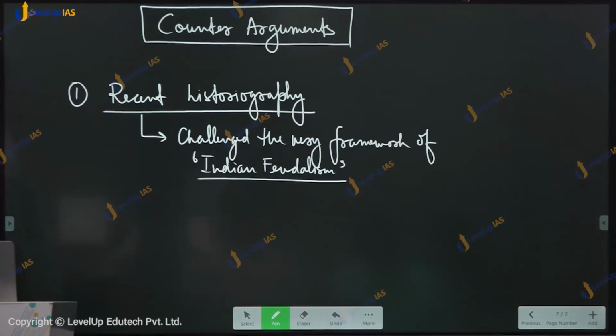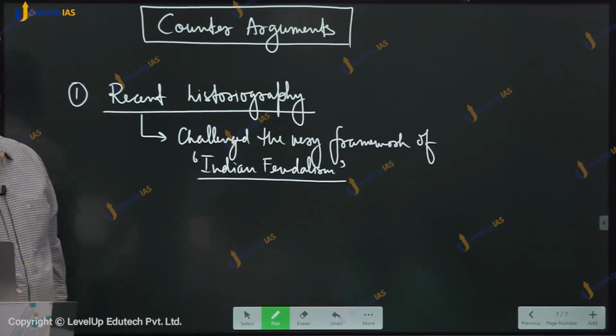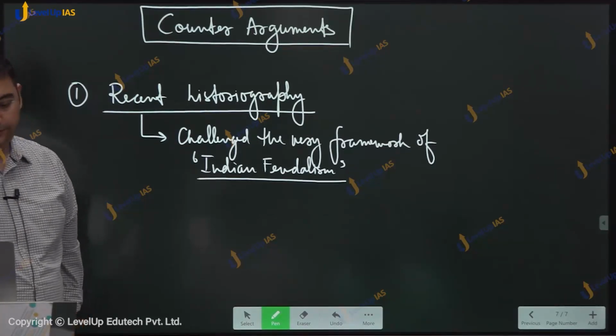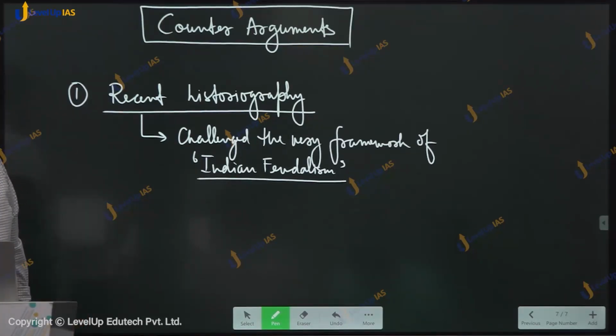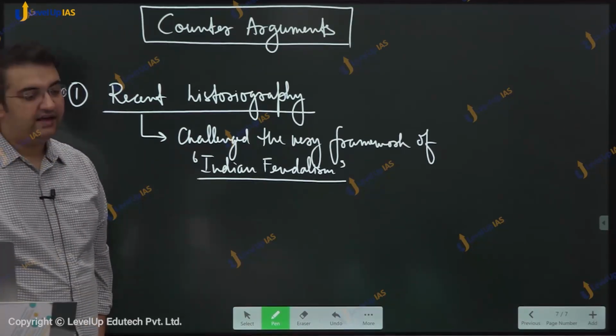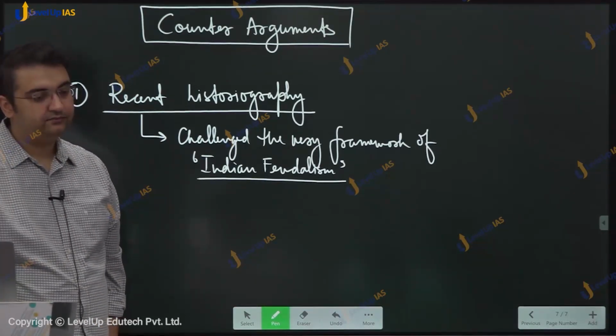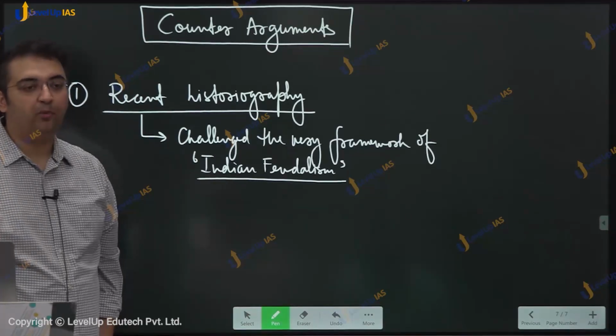This has invariably weakened the theory of urban decay by attacking all the ideological and empirical evidence used to support it.